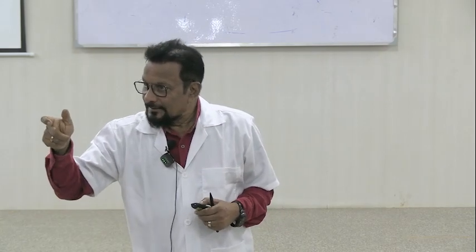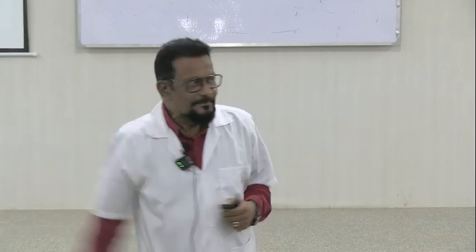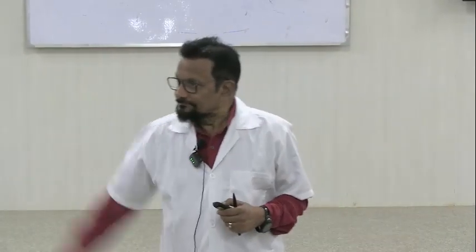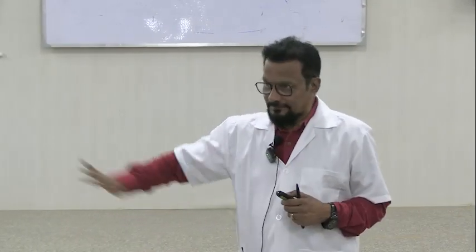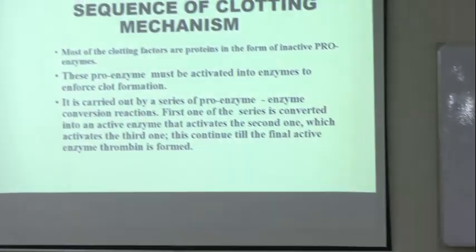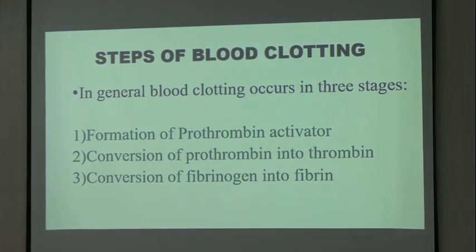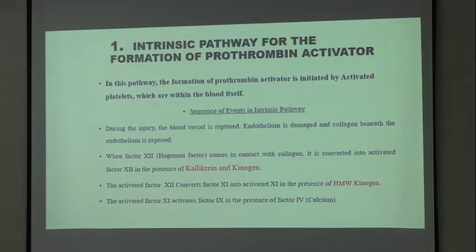This will activate another proenzyme. So there is a cascade phenomenon, or waterfall phenomenon. So these are the steps of blood clotting. Repeated: intrinsic path, extrinsic path.